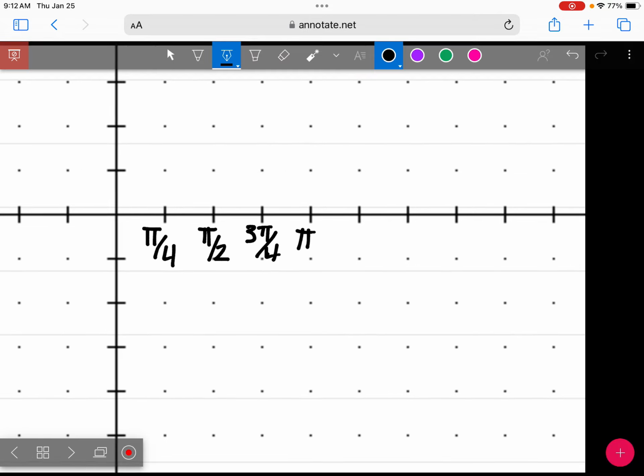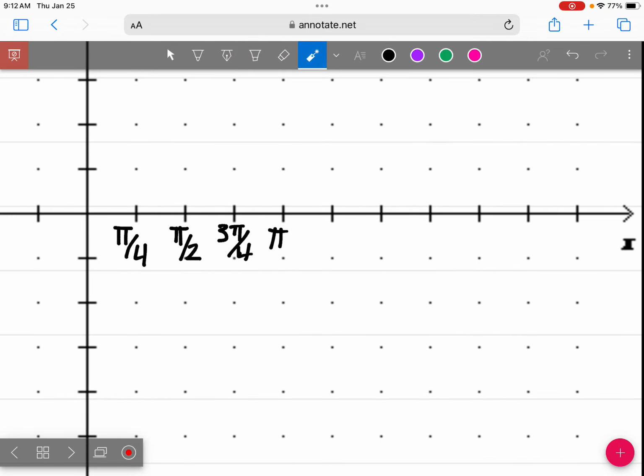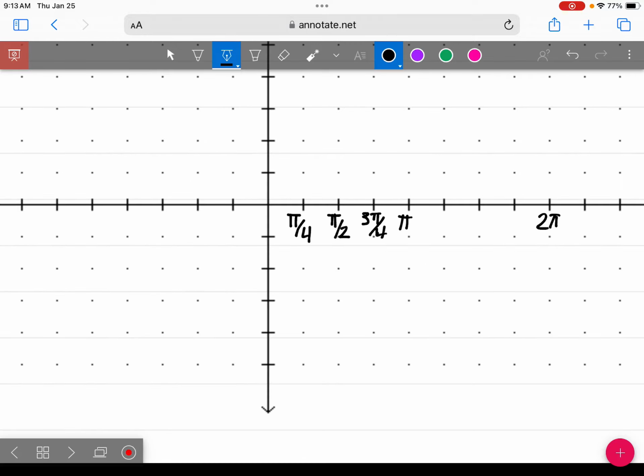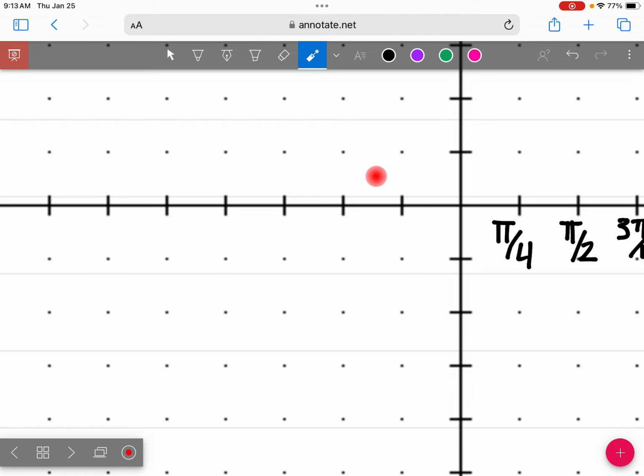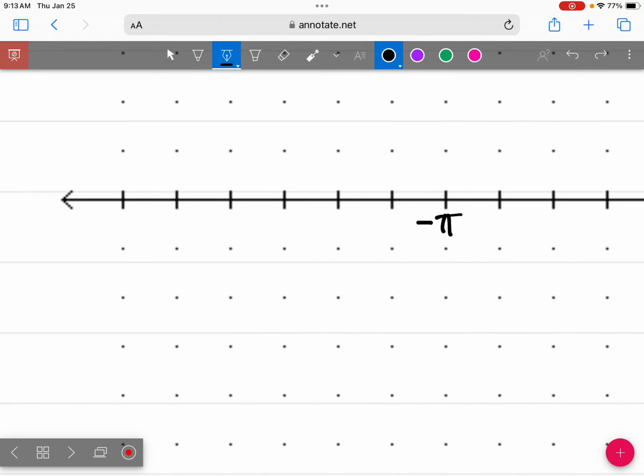So I'm really going to be skip counting by pi over 4s. 1, 2, 3, 4, and that's a pi. 2 pi. So I'm going to make 4 units on my graph equal to 1 pi. 1, 2, 3, 4, minus 2 pi.